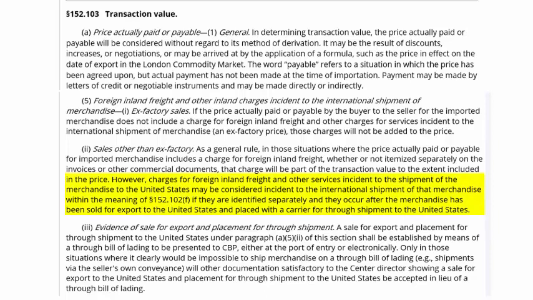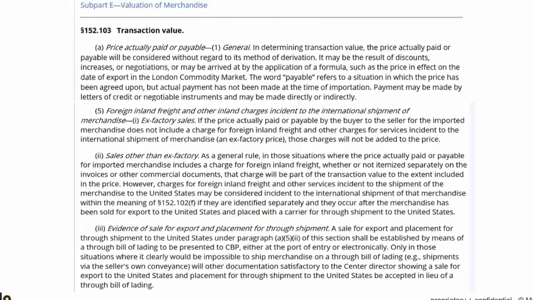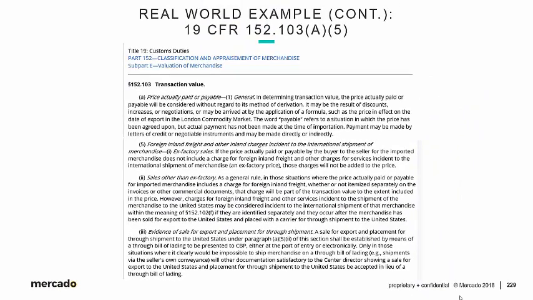However, charges for foreign inland freight and other services incident to the shipment of the merchandise to the U.S. may be considered incident to the international shipment of that merchandise within the meaning of 152.102(f) if they are identified separately and they occur after the merchandise has been sold for export to the U.S. What they're saying there is a through bill of lading. If the inland freight at origin is part of a through bill of lading, door to port, door to door, it can be deducted. That kind of expense for inland freight adds up and can be substantial over a period of time.